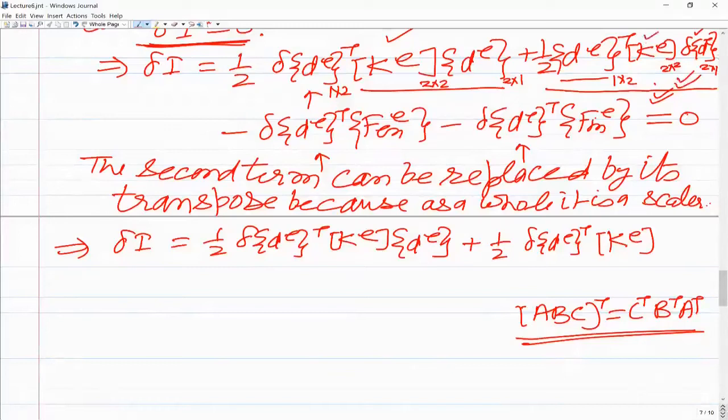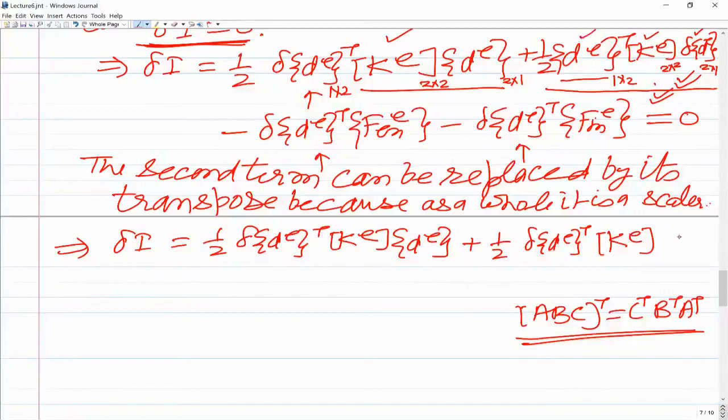Then we will have Ke transpose, but Ke is a symmetric matrix. So the transpose of a symmetric square matrix will be the matrix itself. So K transpose would be equal to K, so I'm writing that as K. And then finally you will have this D transpose transpose.